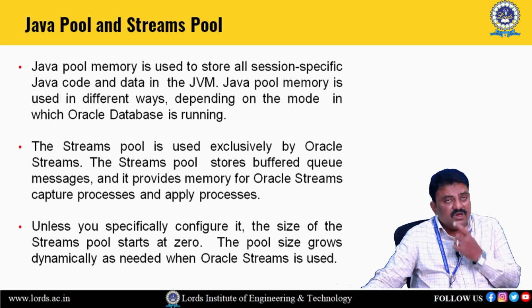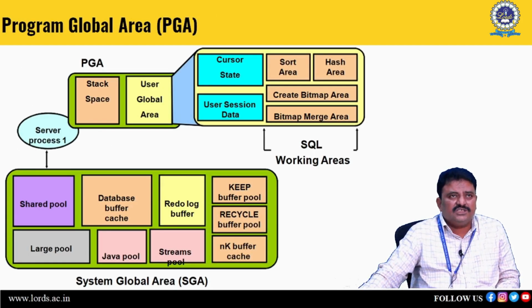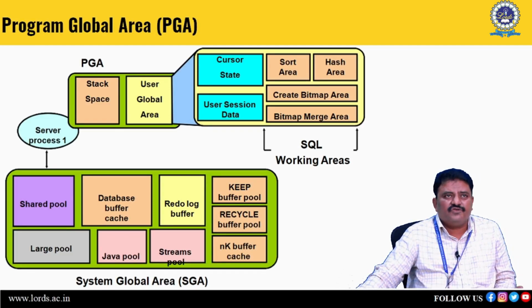And we understood what the SGA is. SGA is basically a common area where we share all the information related to different types of processes, different types of users or different types of database objects, and we have the data dictionary cache and the library cache. When a specific user makes a request, a particular PGA will be created by the server process.